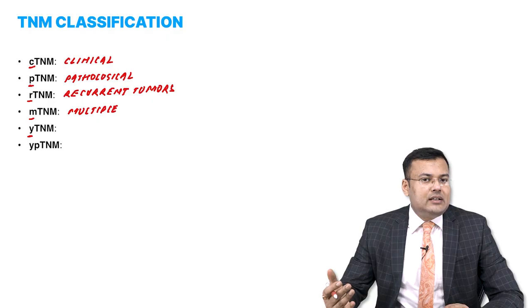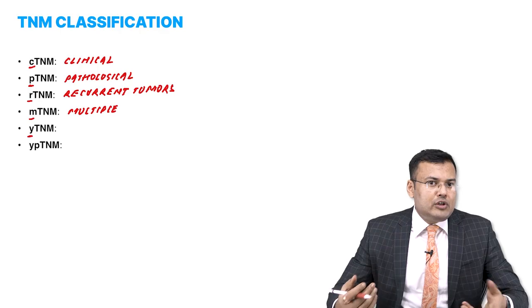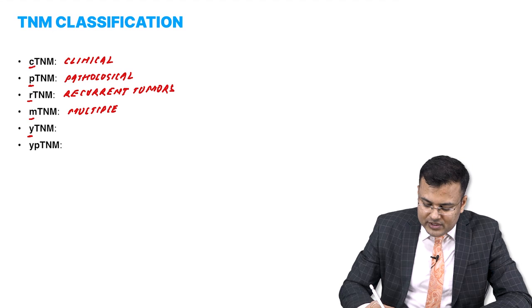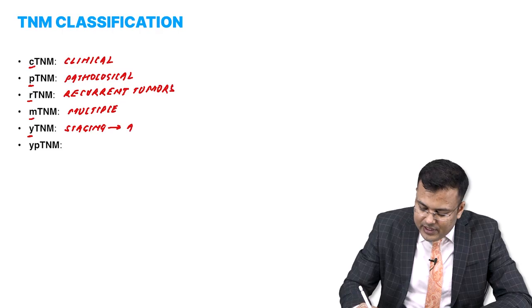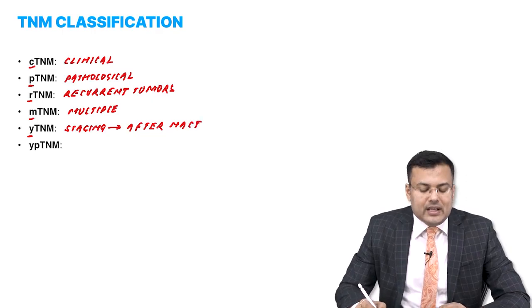When staging is done after neoadjuvant chemotherapy, if the patient has already received neoadjuvant chemotherapy and you are performing the staging, that's YTNM. So YTNM is staging after neoadjuvant chemotherapy. And what is YPTNM?